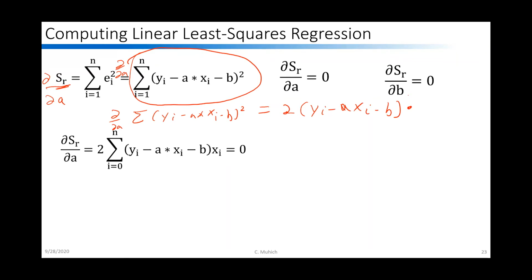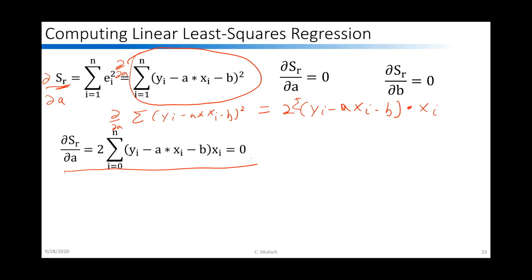The only location that I have a is where it's multiplying by x, so that derivative is xi. Okay, and since I'm doing this again and again, I still have that summation. So this gives me a final equation shown here.